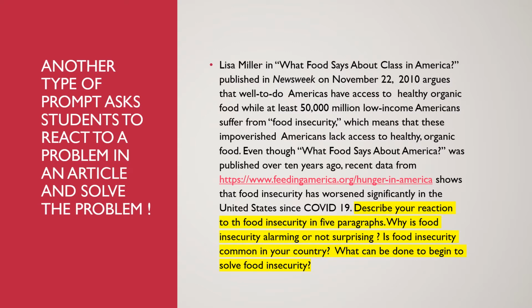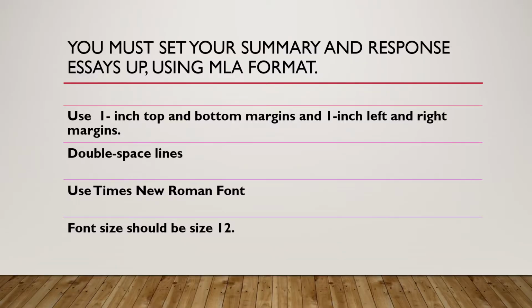Students in ESL 192 or English 100 and other college-level writing classes are required to use MLA format. You can set up your papers easily in MLA format on Google Docs and Microsoft 365.